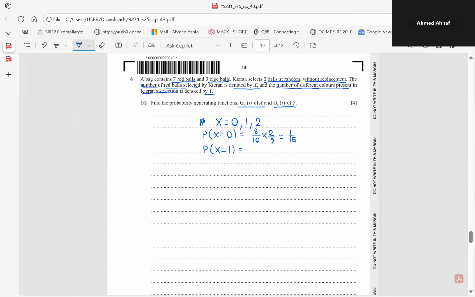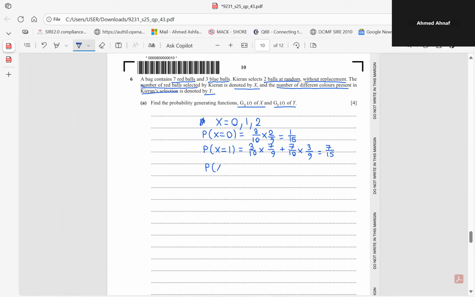And now let's find the probability of X equals 1. So you either select a blue ball first and then a red ball second. So 7 over 9 then plus 7 over 10, red ball first and then a blue ball. So for this, you would get 7 over 15.